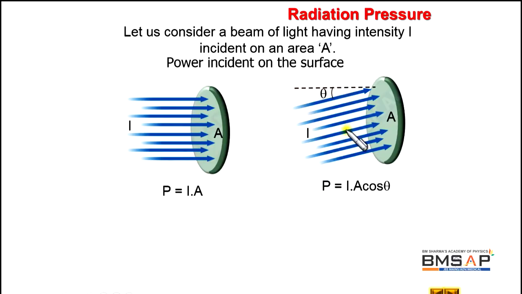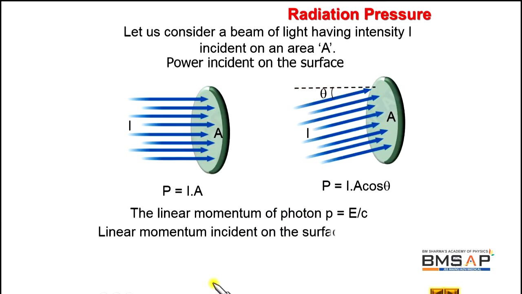Okay. So, we got the power value, and we know the linear momentum of the photon, that is small p equal to energy divided by velocity of the photon. So, we can write linear momentum of the photon p equal to E divided by c. From this expression, we can find the linear momentum incident per unit time. If we divide p by time, we can find the linear momentum incident to the surface per unit time.